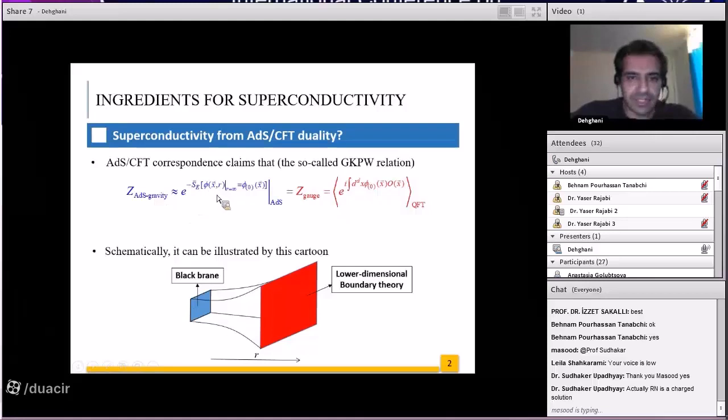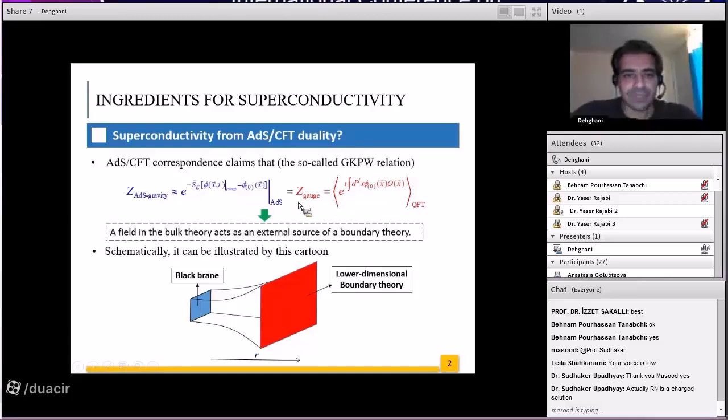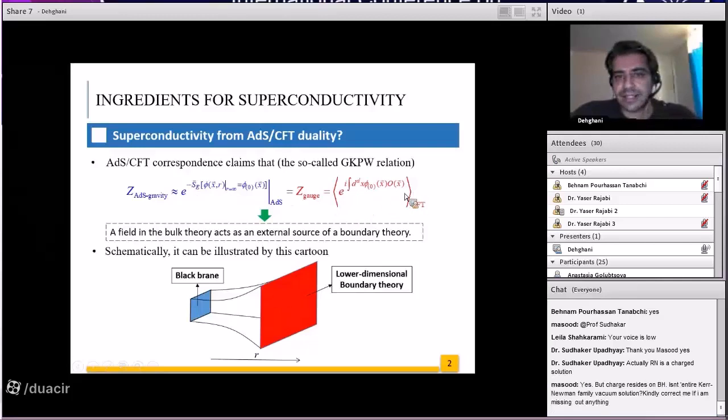This S here is the bulk action, and phi denotes the field propagating in the bulk. This field, any field in the bulk, acts as an external source in the boundary theory. The right-hand side of this relation is the generating function of the boundary theory, in which we have a source and a boundary operator. All of these schematically can be illustrated by this cartoon.